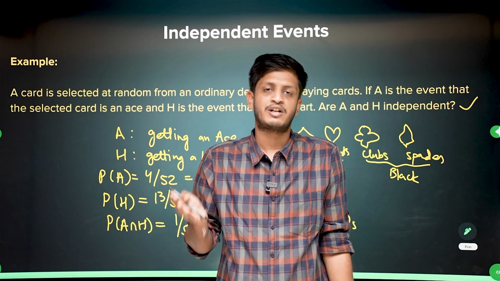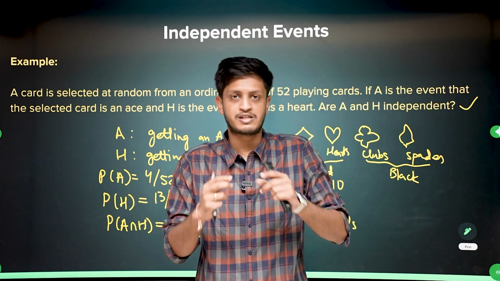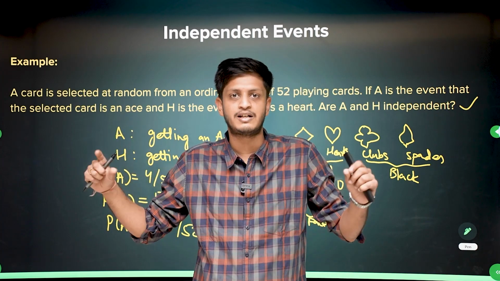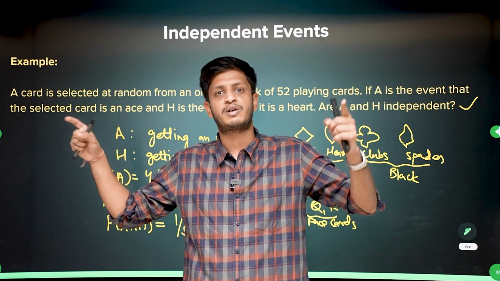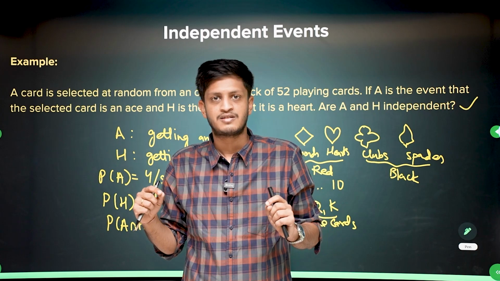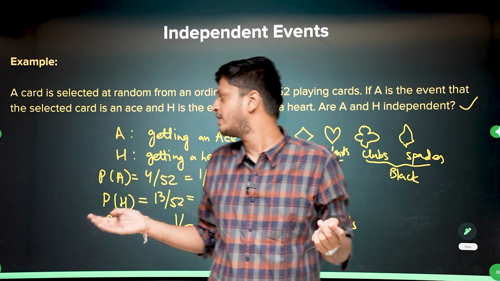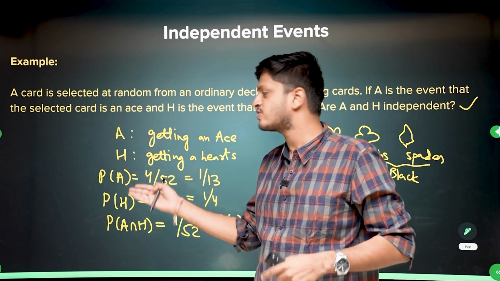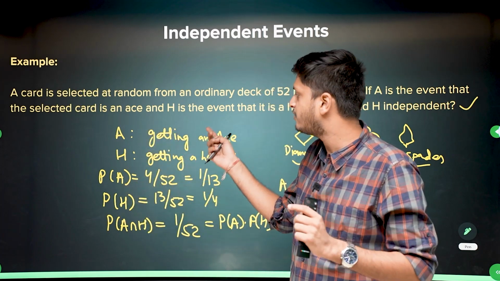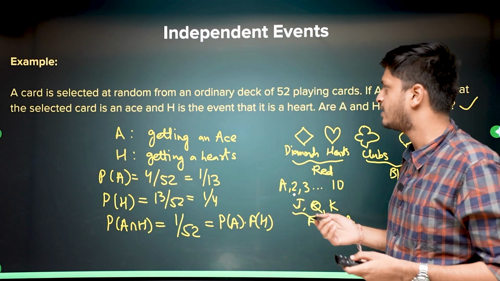Even then, the probability of getting an ace is 1 by 13, since now you have reduced the sample size to 13 cards. Initially it was 52 cards and 4 were aces, but now it is 13 cards and only 1 is an ace. So the probability doesn't change. The probability of A given H has already happened won't change. Similarly, the probability of H given A won't change. That's why they are independent.